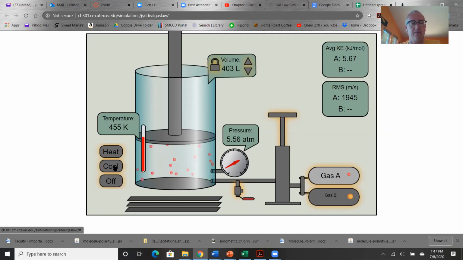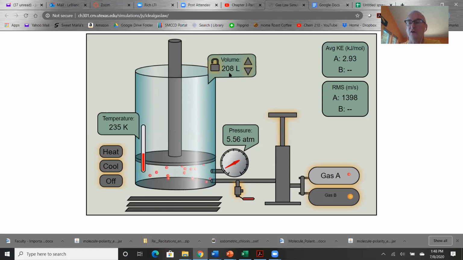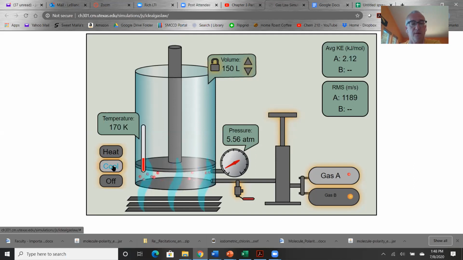So I just drop it again, down to 345, and notice my volume drops by about the same. I think I see a pattern here. Then I go down to 235, my volume drops again. And finally down, and now we have a limit of the volume. It would appear at 150.